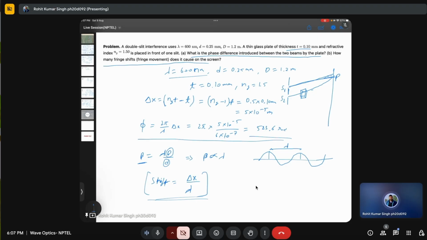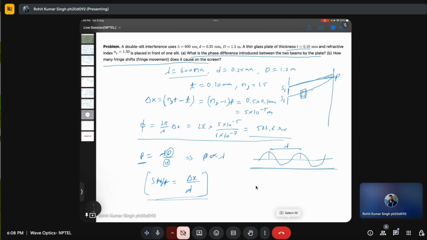To visualize this, you can look at this picture of an electromagnetic wave. This is the wavelength, the definition of wavelength. When you introduce a glass plate, or by some means shift the phase of the light wave, that will lead to a change in the number of fringes.